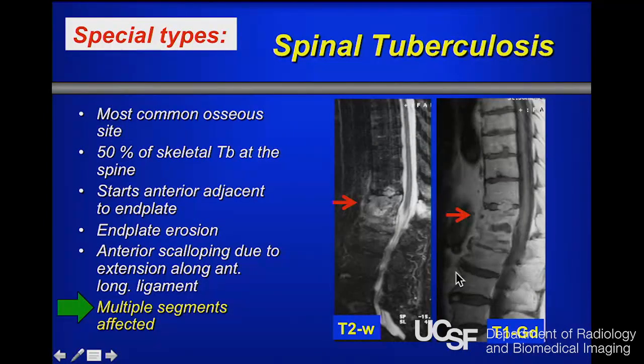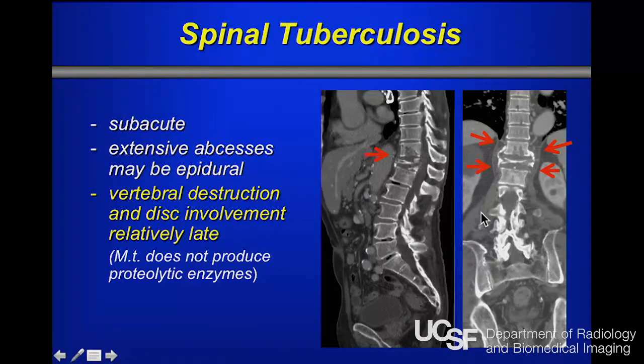As it grows along, as it infects the tissue along the anterior longitudinal ligament, it can affect several segments. And because it has no proteolytic enzymes, the destructive changes may be very late in the disease. One thing, however, is important: you see quite extensive epidural or local abscesses, which are shown nicely here.